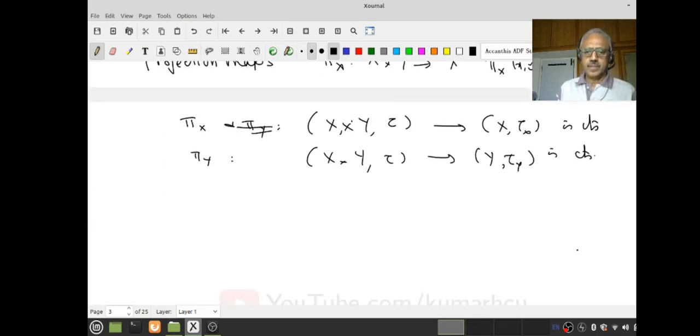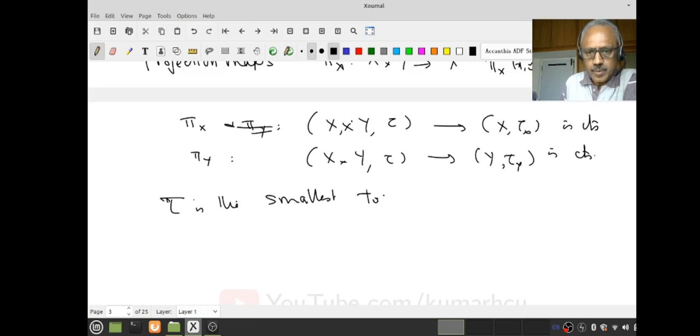In fact, if you have followed my unified view of these topologies, the product topology is the smallest topology on X cross Y making pi X and pi Y continuous.